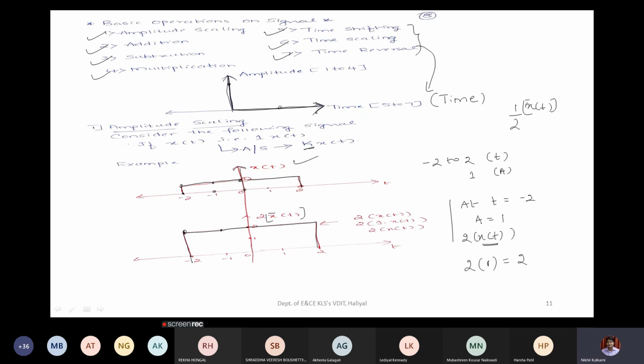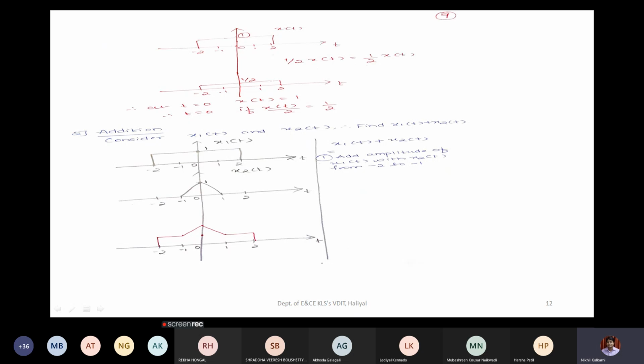Now 1 is there, half of that means you will get the signal like this, right? So this amplitude will be half. This concept you should know. I have written it already, you can refer to it.